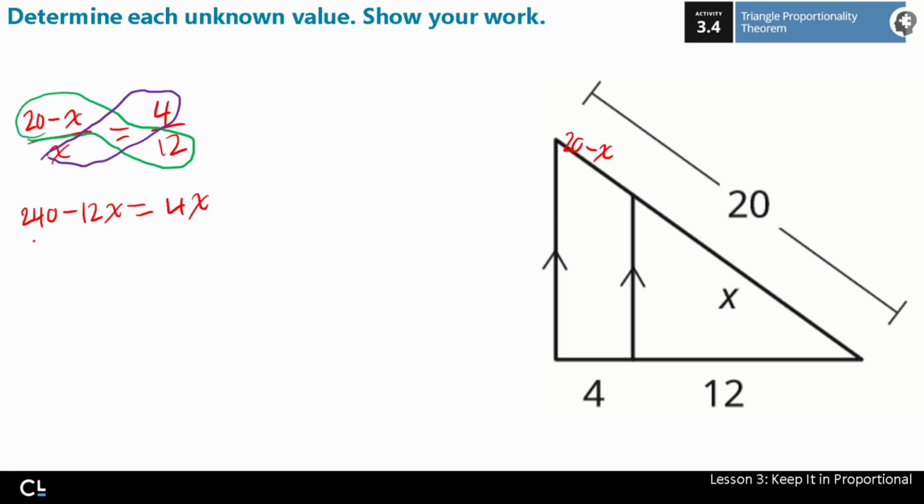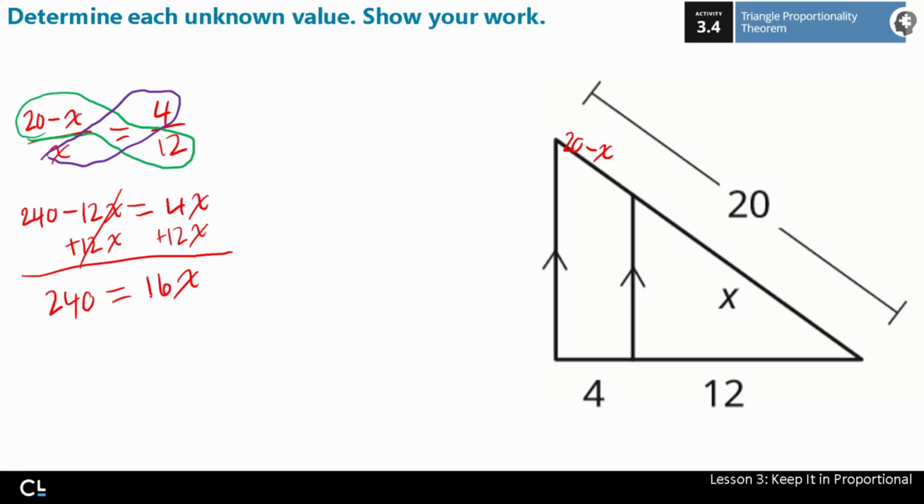So now what can we do? What we could do here is add 12x to both sides. Because this is a negative 12x, we want to add it to both sides. It's going to cancel on my left side. I'm going to be left with 240 equals 16x. And now we have that one step.